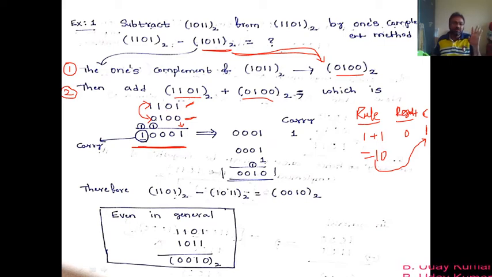Of course, here you can neglect this 0. If you neglect this 0, we can assume that the number of digits in the second binary number is 3 only, but the maximum number of digits within these two binary numbers is 4.